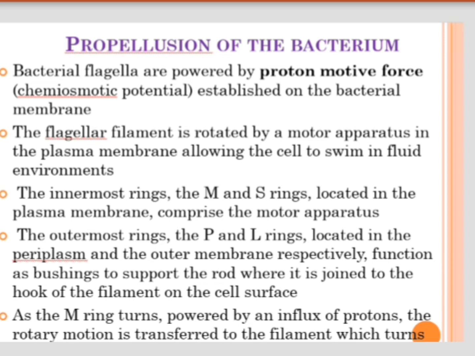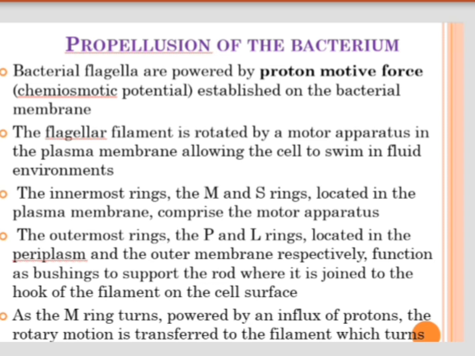So the bacteria propel by means of flagella, and the flagella are powered by this proton motive force that is generated in the bacterial cell membrane. And this flagellum has a motor apparatus which is composed of 2 types of rings. The innermost rings, the M and S rings, form the actual motor apparatus, and the outer rings are the P and L rings.